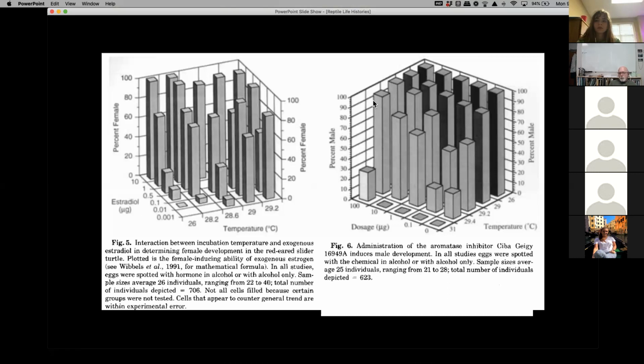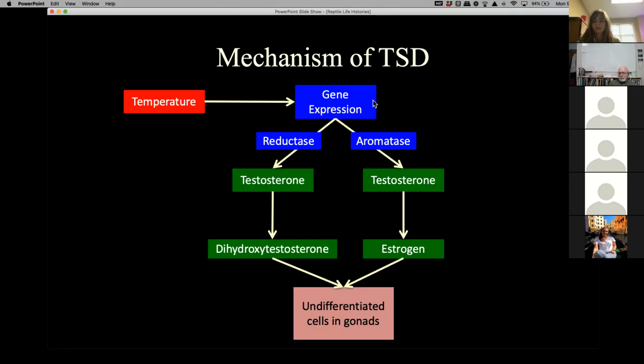And the reason that they did this experiment was they were essentially testing this model. In these temperature-dependent sex determination species, the idea is that gene expression is affecting enzyme abundance. These enzymes then influence hormone abundance, which influences the differentiation of the gonads.